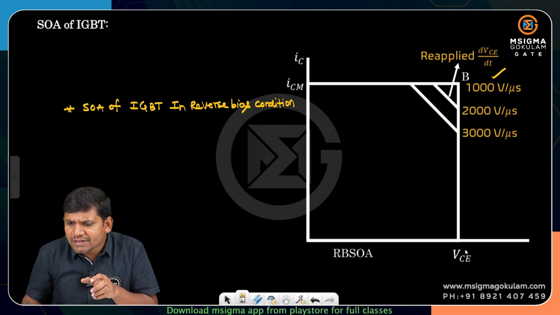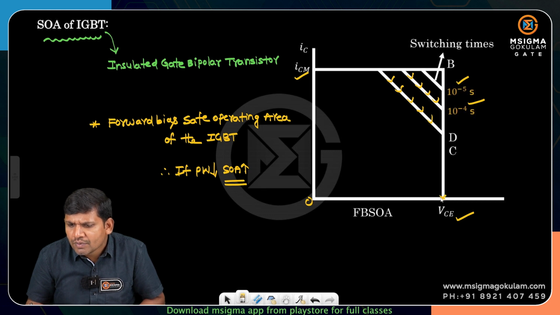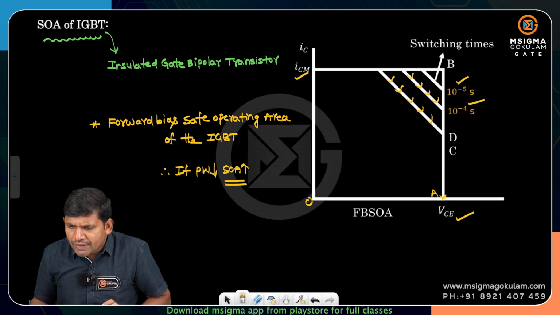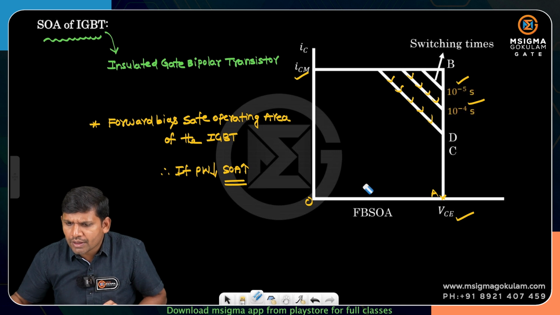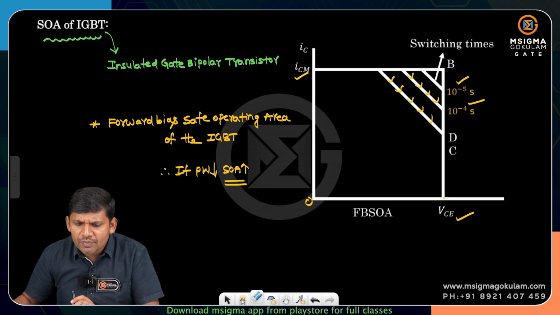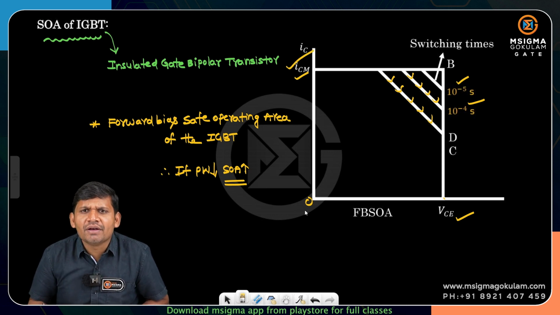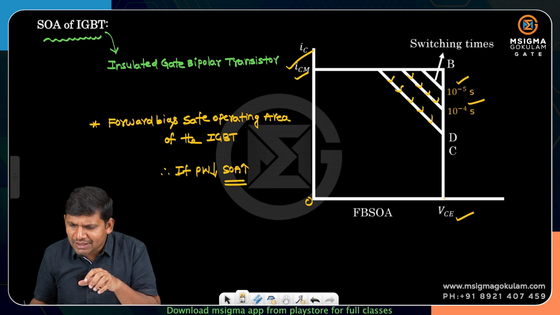Corresponding to the VCE voltage, students, the maximum collector current limit is ICM. That point you have to concentrate on.